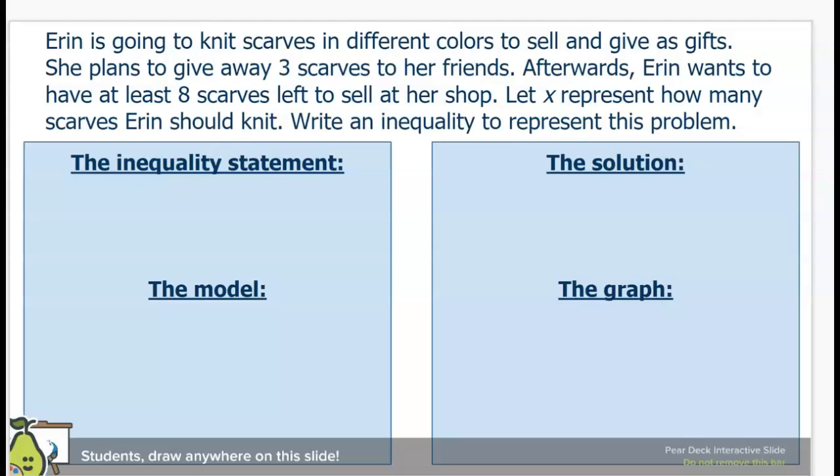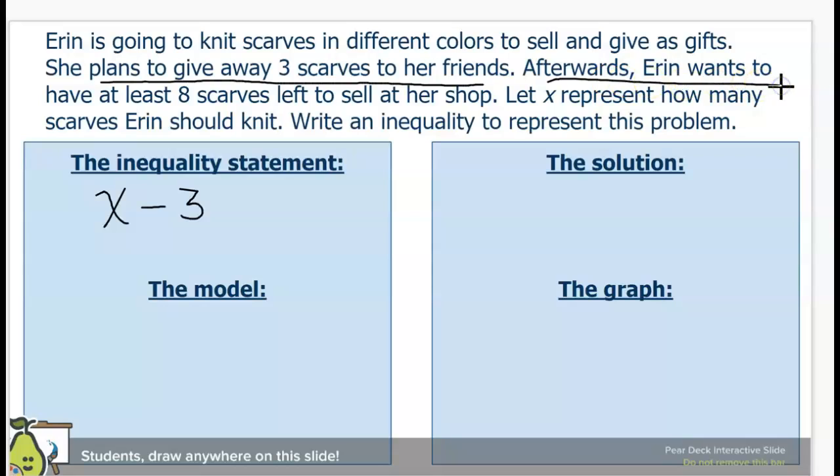Okay, so our last question says Erin is going to knit scarves in different colors to sell and give as gifts. She's so sweet. She plans to give away 3 scarves. If she's giving away scarves, she's going to make some scarves to give away. She's going to give away 3, which means minus 3.